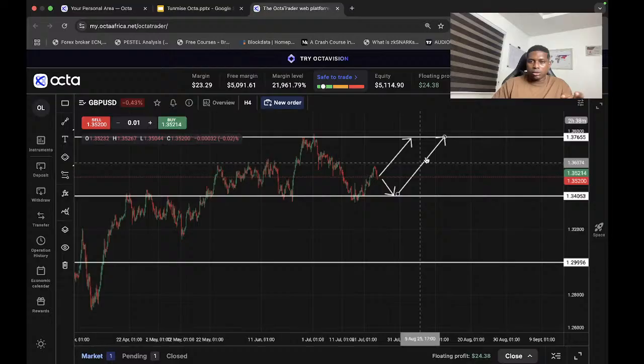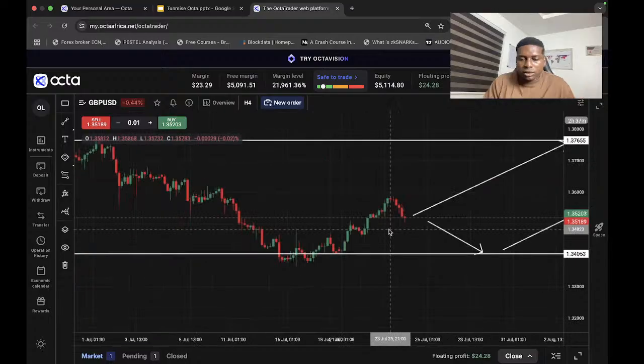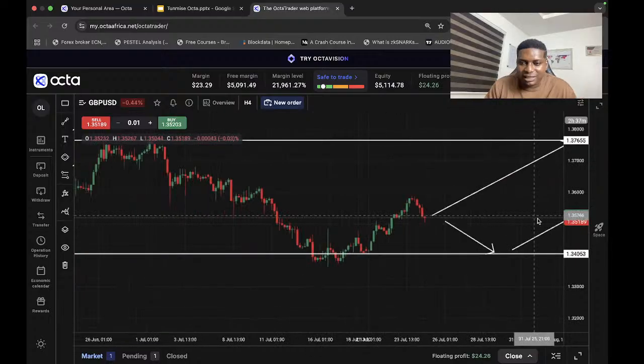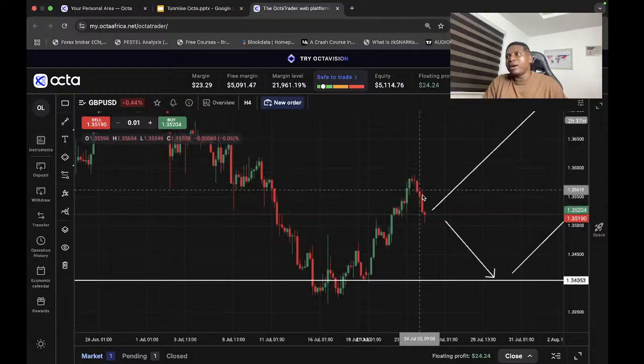So when we zoom out on this, you can see what's happening here. Now, looking at the candlestick, there is definitely more sellers in the market. There is more sell momentum with this move.